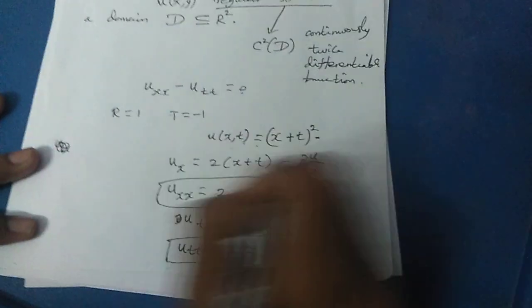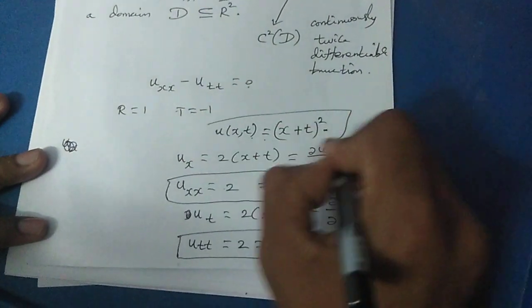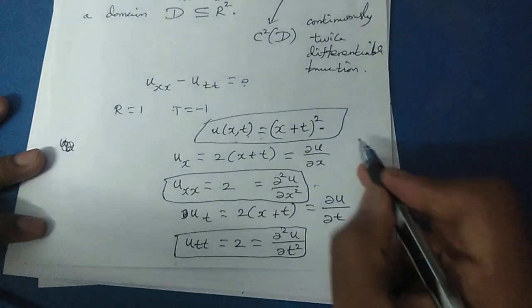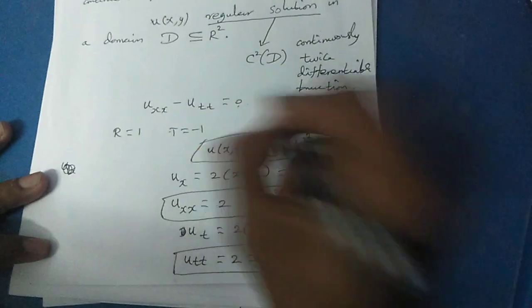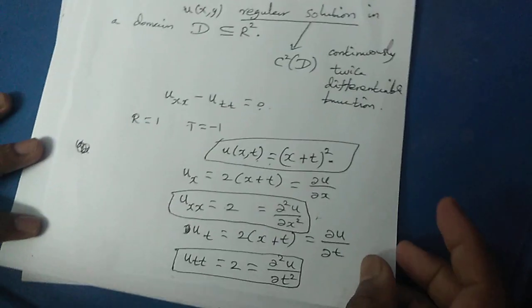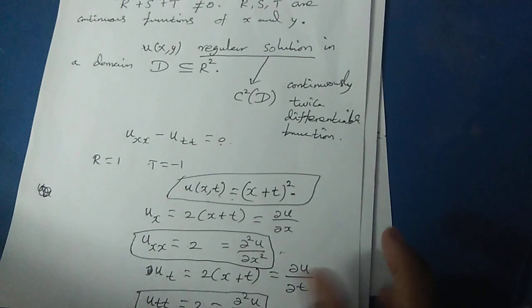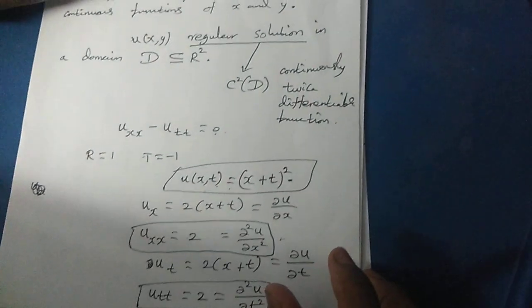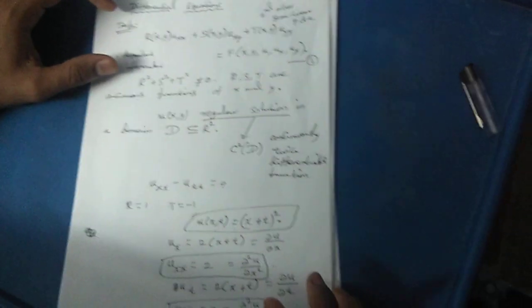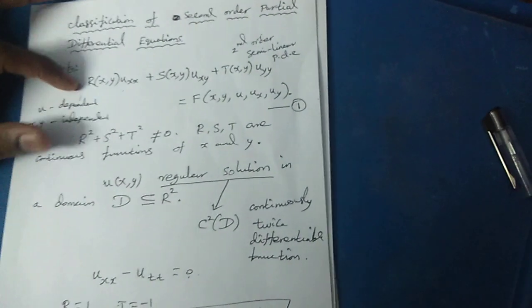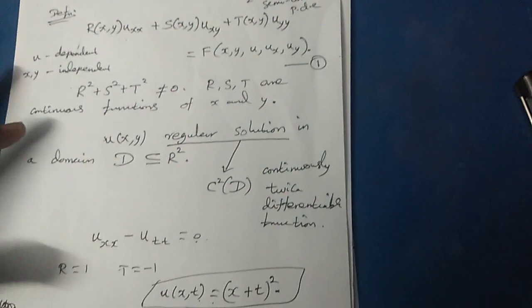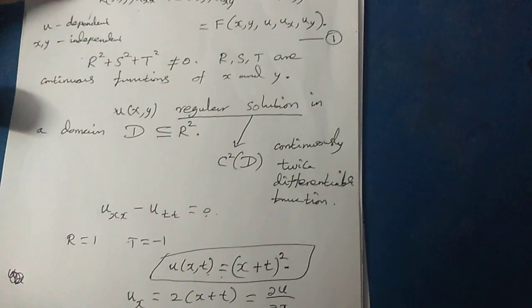So this is a regular solution for this partial differential equation. So far we have discussed the general form of second order semi-linear PDE and the solution of that PDE.